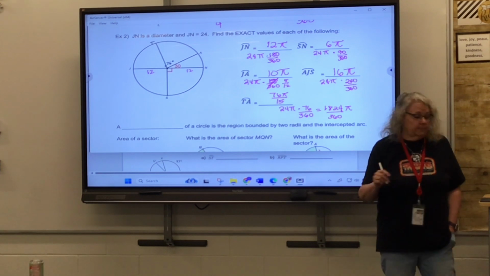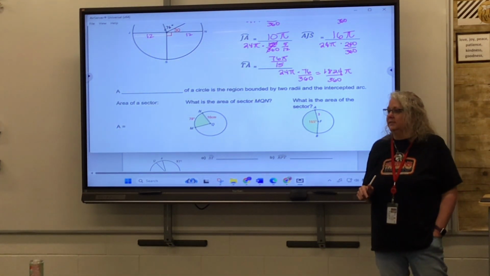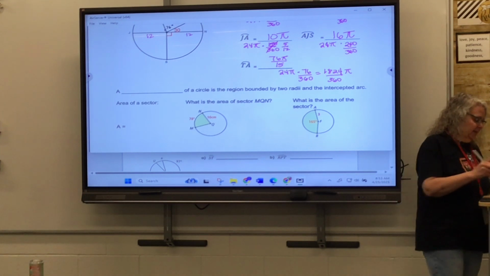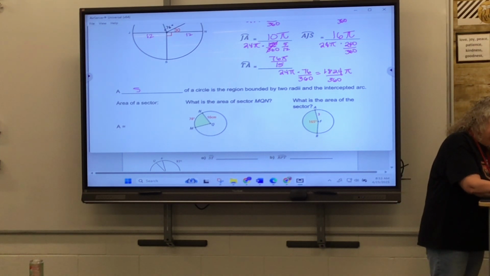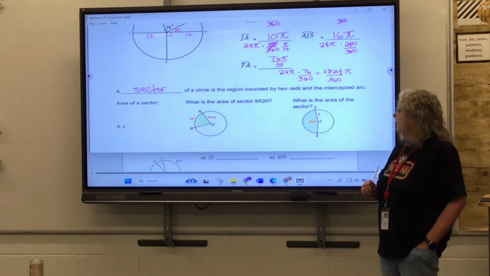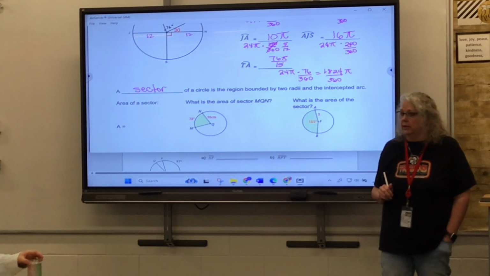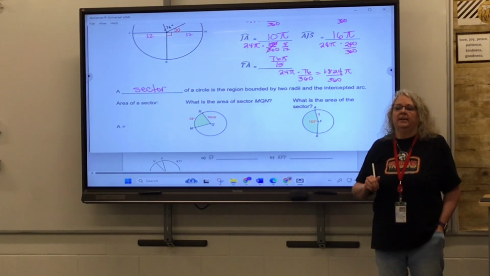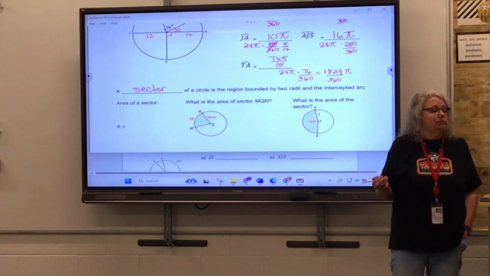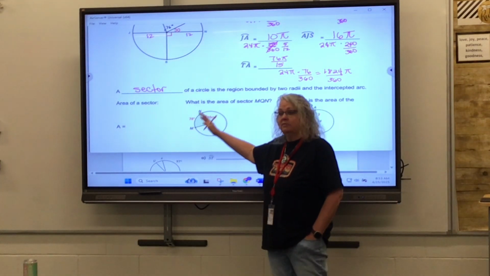Alright, next, we've got two more parts of this. We need to find a sector. A sector of a circle is the region bound by two radii and the intercepted arc. So you're finding the area, but only part of the area, because it's only part of a circle.